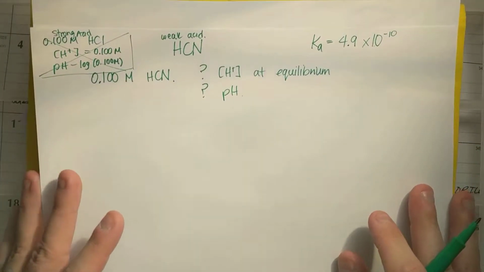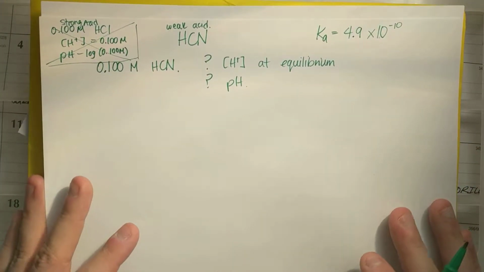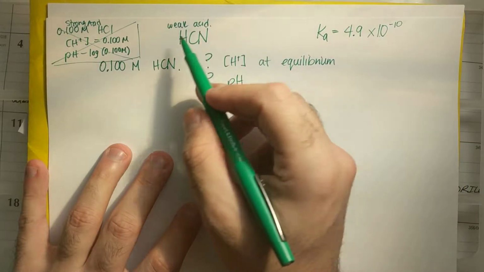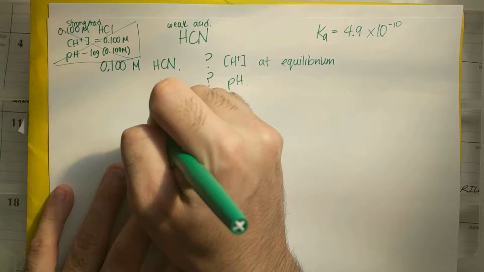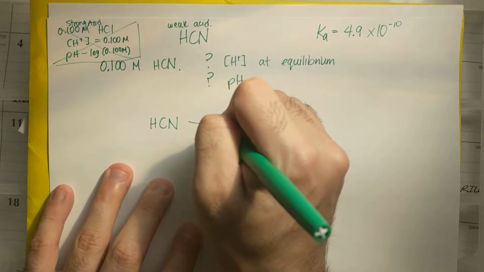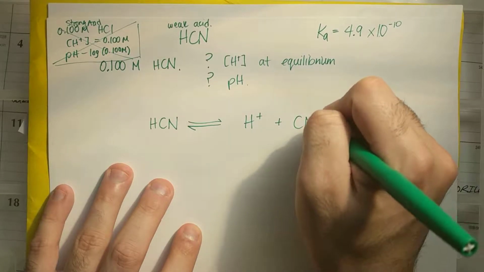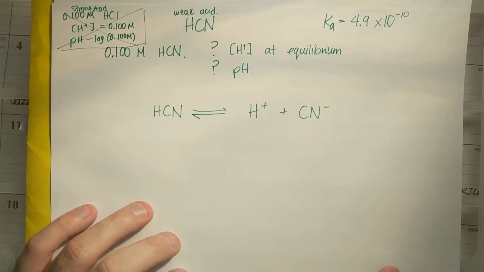Now going back to acid dissociation and this buffer calculation, I have this weak acid. This weak acid is going to dissociate in equilibrium. So HCN, and I'm going to get H plus and CN minus, okay?